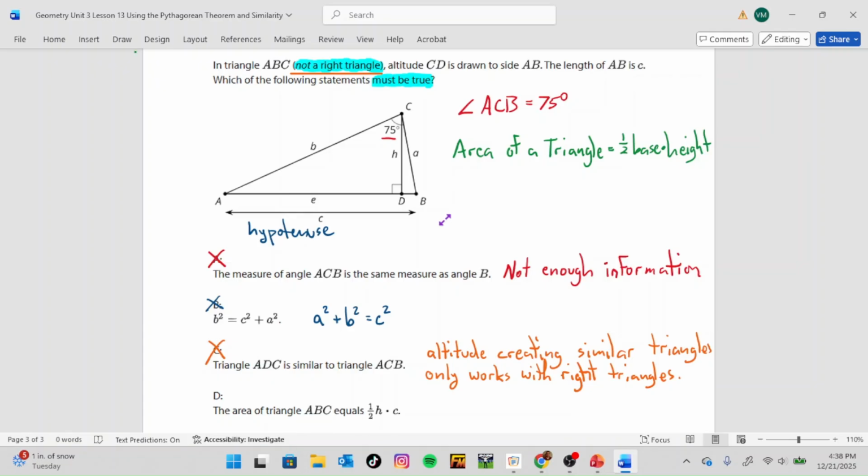So in this case, for triangle ABC, that's going to be 1/2 times the base, and the base is C, times the height, and the height is H. So this is true. It doesn't matter if we say 1/2 C times H, or if, like they did, 1/2 H times C, because you can multiply in any order. So D is the statement that must be true.